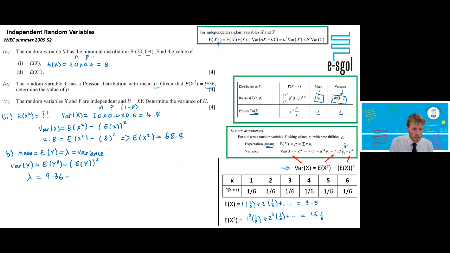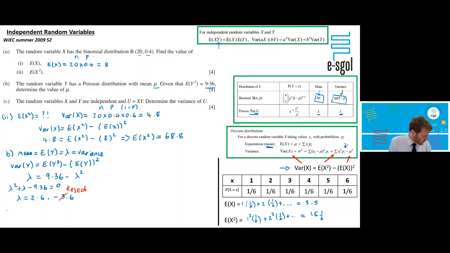And I know that E of y is lambda, so we get minus lambda squared. And so we've ended up with a quadratic: lambda squared plus lambda minus 9.36 equals 0. If you solve this, you get lambda is 2.6 or negative 3.6. We will reject our negative. And so lambda is 2.6.